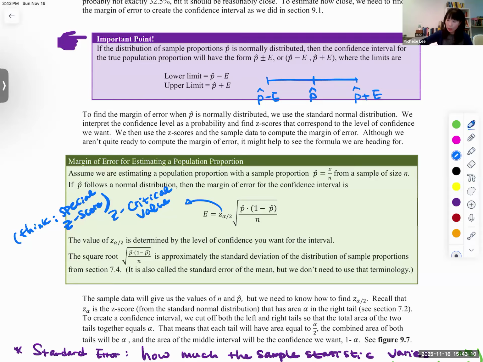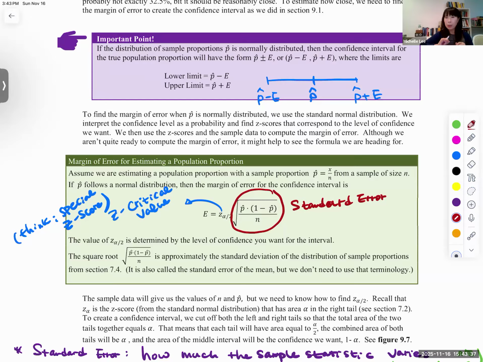Now we have this formula, which we call the standard error. We knew this one before from the sampling distribution of the sample proportion.